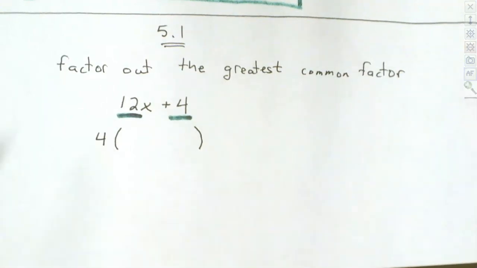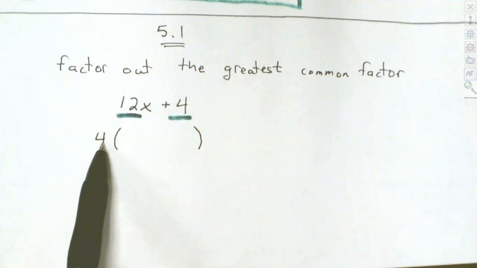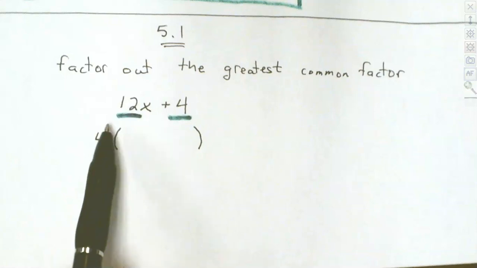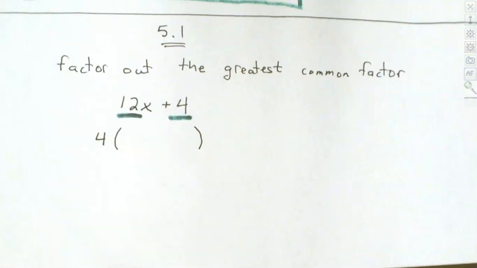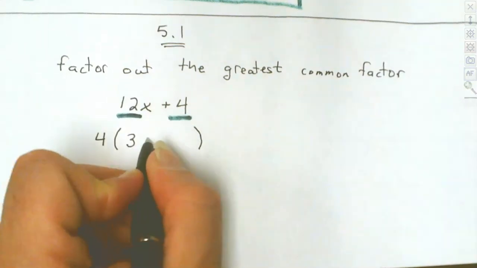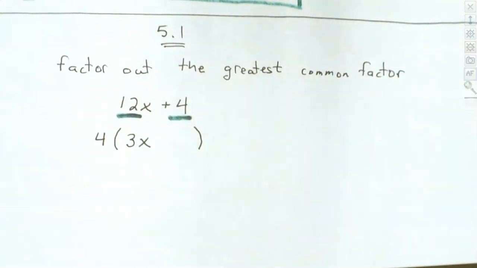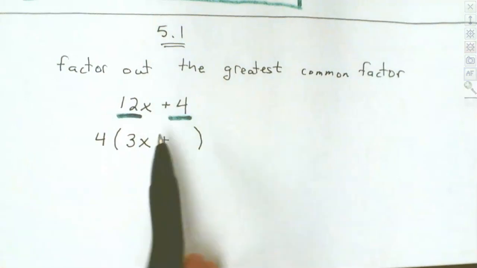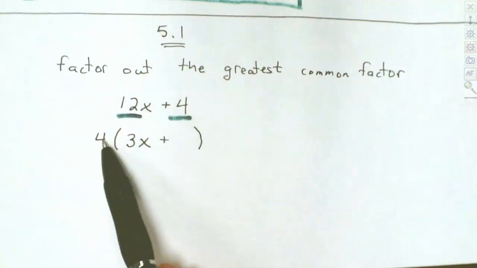So now we need to fill it in. We took the 4 out in front. What's 12 divided by 4? 12 divided by 4 is 3, and the x comes down. What about the next piece? We just divide 4 divided by 4. What's 4 divided by 4? 1.